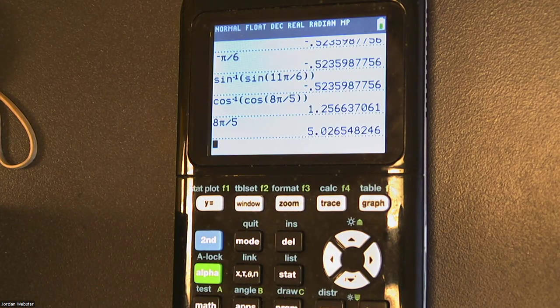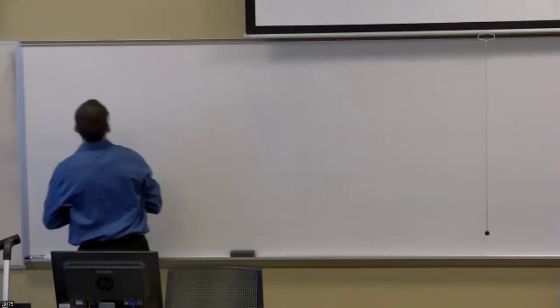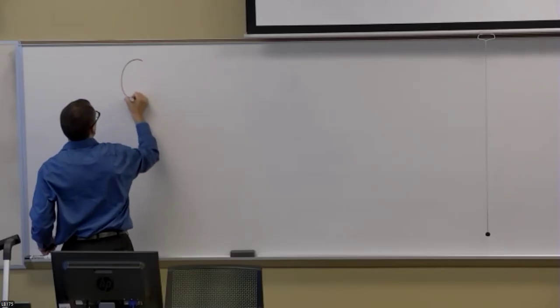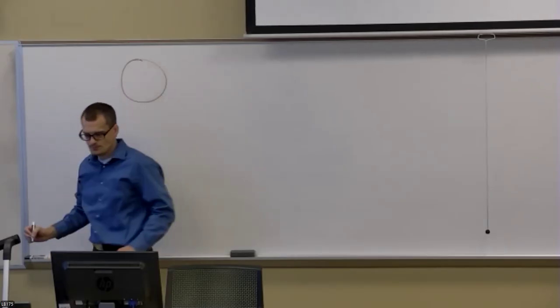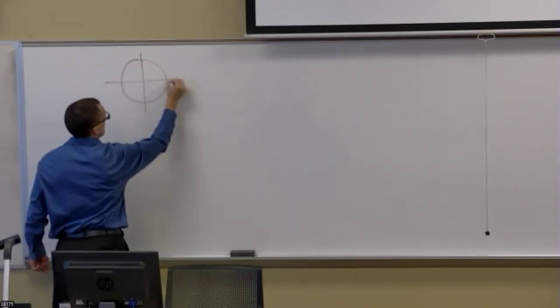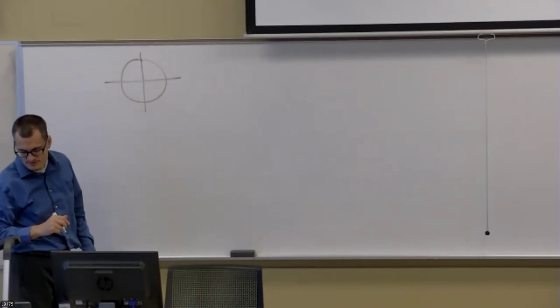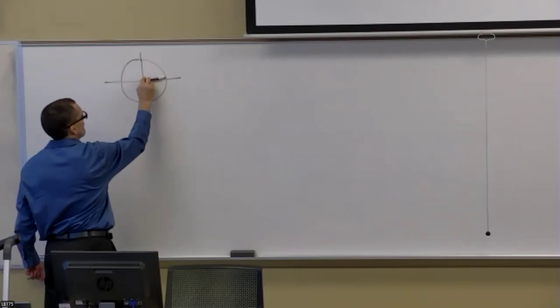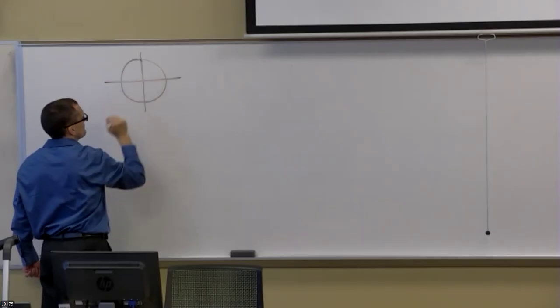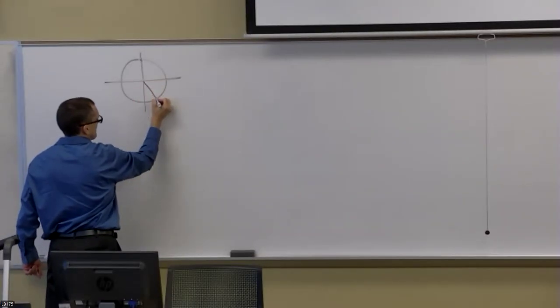What's happening in this case is the following. 8 pi over 5 on the unit circle is shooting us somewhere down here.